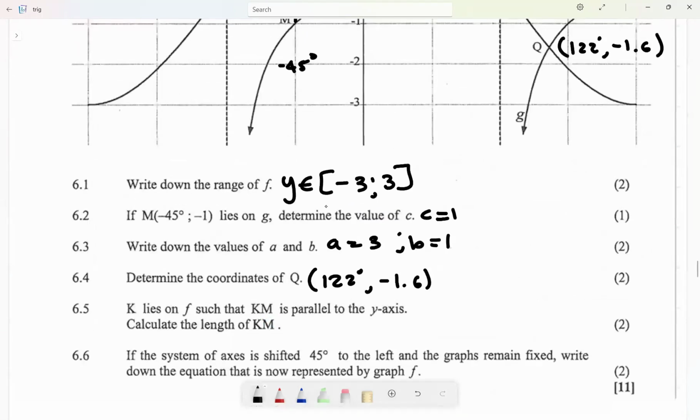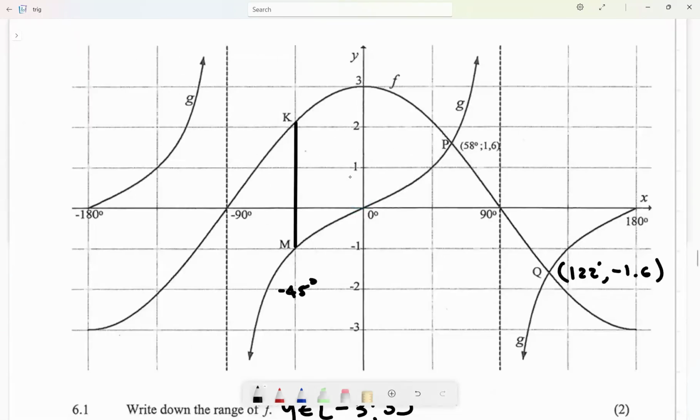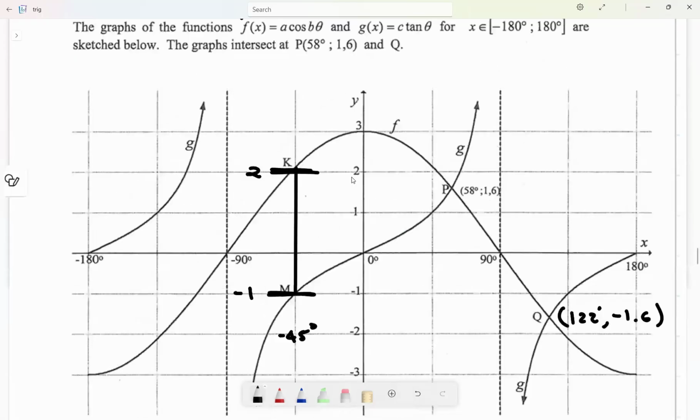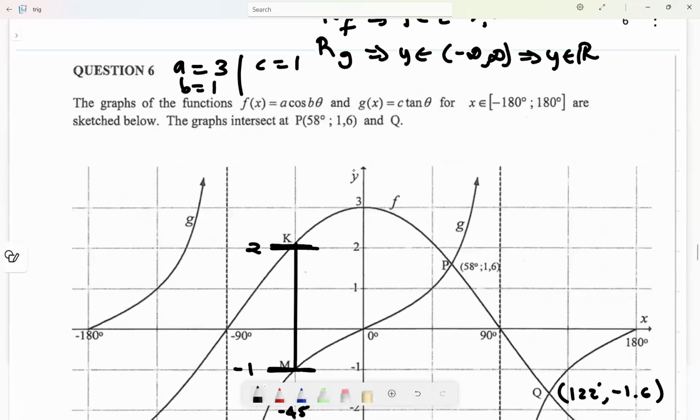That's beautiful. Length of KM, it's just the value of y here, which is 2 minus negative 1. Remember the distance. When we want the distance from the functions in paper 1, we say for the vertical distance, it is y top minus y bottom. For the horizontal distance, it is just x right minus x left.